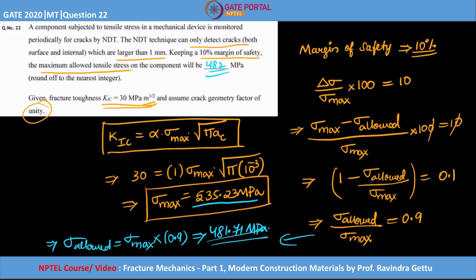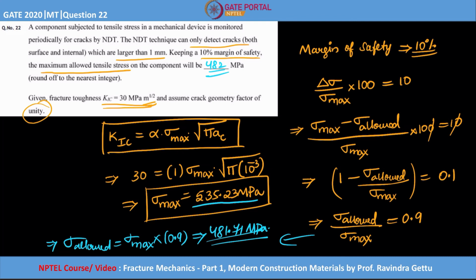They took a margin of safety of 10%. Usually for safety purposes, the theoretical or mathematical values that we got, the manufacturers tend to allow you by taking some margin of safety.